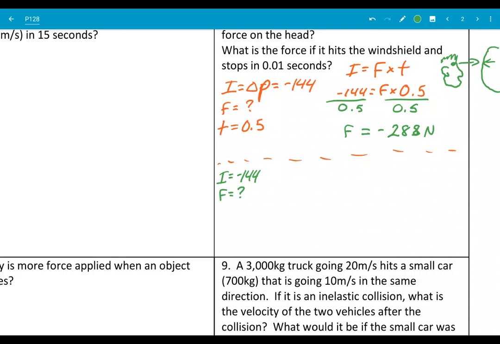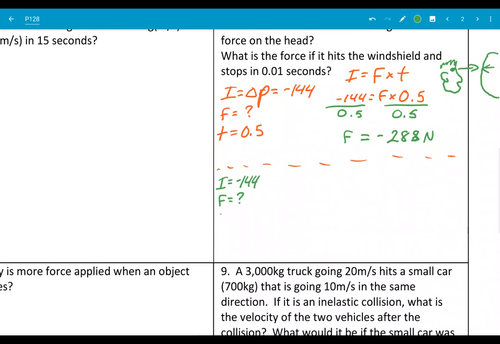Now, you might think that we have a force up above, but no, because we're looking at a different scenario where the time that it took to stop the head was much shorter, 0.01 seconds, which is a hundredth of a second. So again, we use I equals force times time, and we got negative 144 equals force times 0.01.